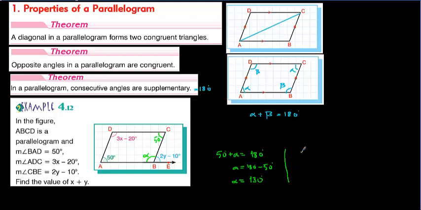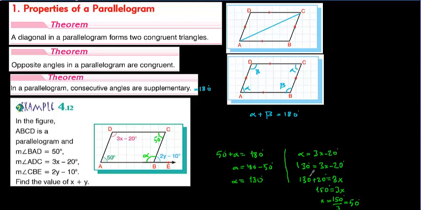So alpha is equal to 3x minus 20, and I found alpha is equal to 130. 130 is equal to 3x minus 20, and if I send this to the other side, 130 plus 20 is equal to 3x, 150 is equal to 3x, x is equal to 150 over 3, which is 50 degrees.